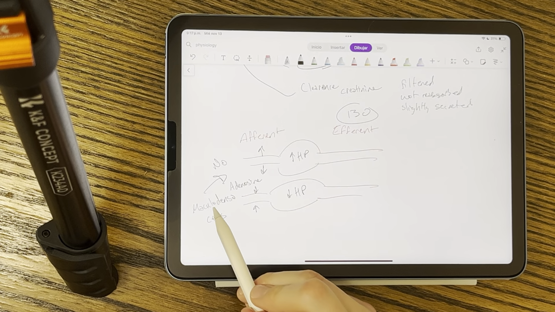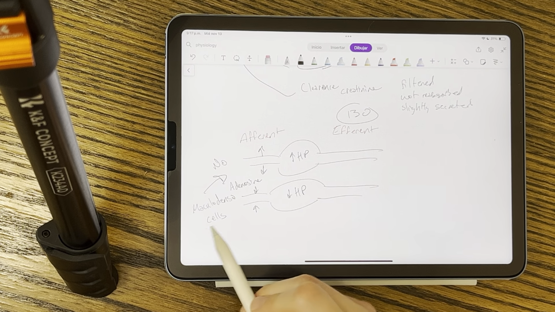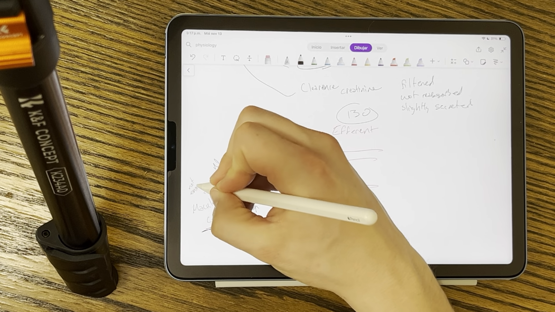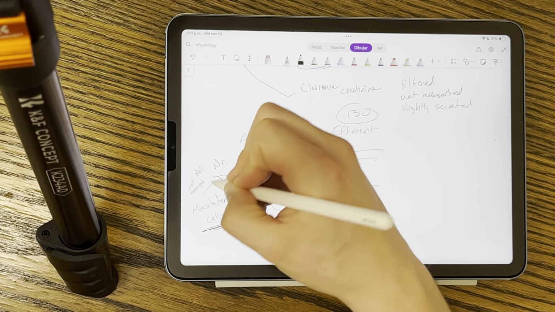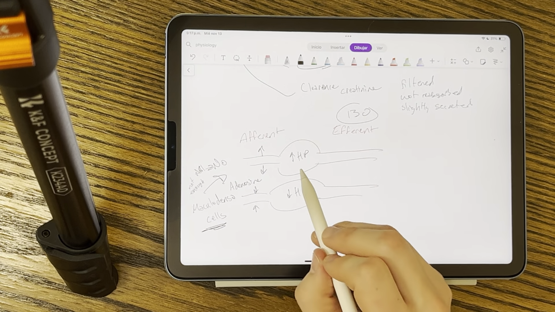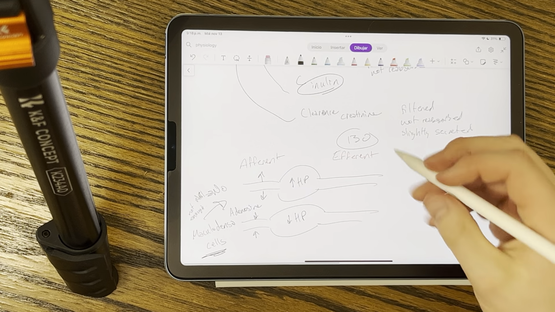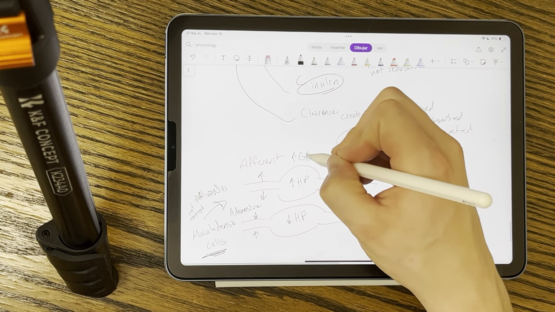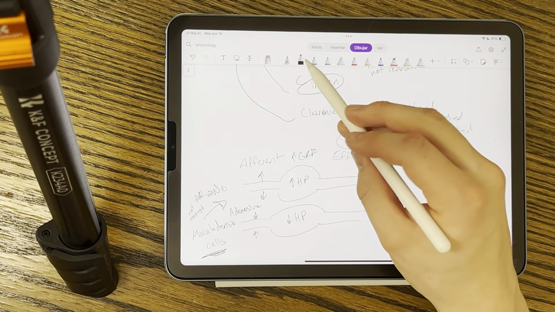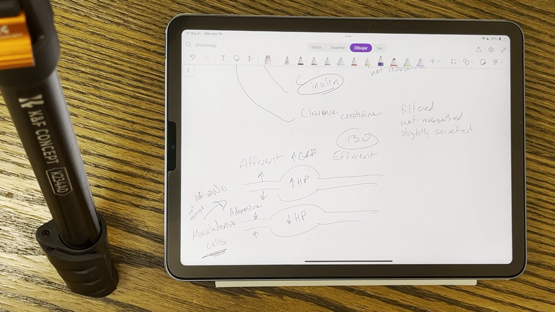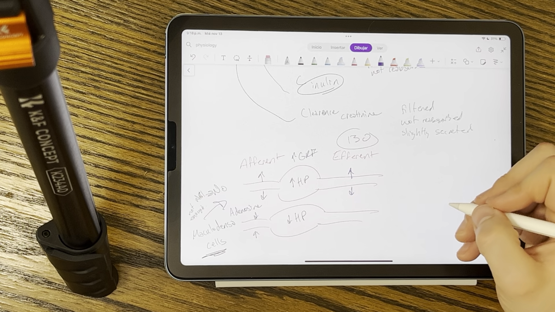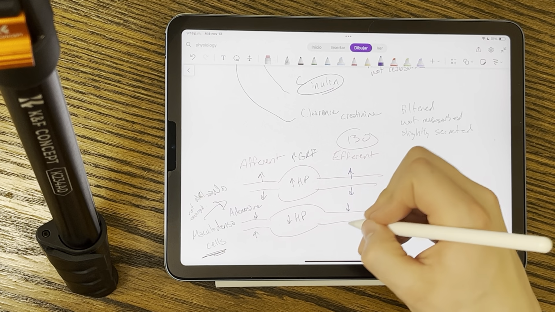So if for some reason the macula densa cells don't sense enough sodium chloride, it's going to send NO, which will increase the pressure, which will then increase GFR. So I also have other ways to adjust the efferent in similar cells, but also as well as with angiotensin II and other vasodilators and vasoconstrictors.